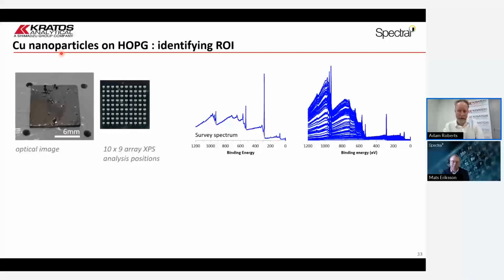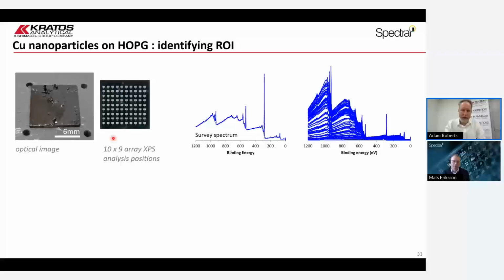There must be the obvious assumption that we are averaging over an area that will hopefully be representative of the nanoparticles. This is an example of some copper nanoparticles on HOPG. Rather than acquiring a single survey spectrum from an area that we would then say was representative of the material, we can use array analysis. I did a 10 by 9 survey spectrum set, which gives me 90 survey spectra over this 12 millimeter sample.